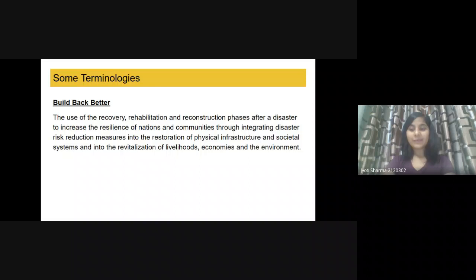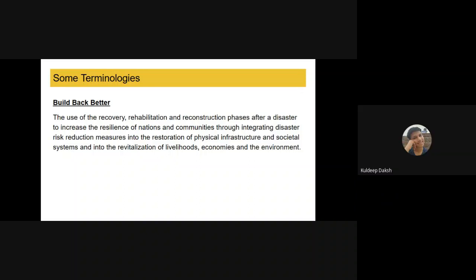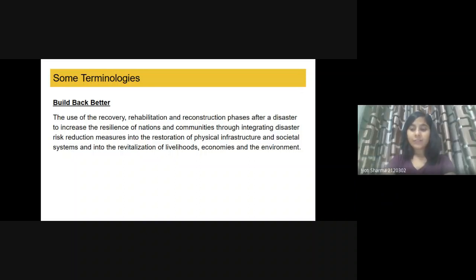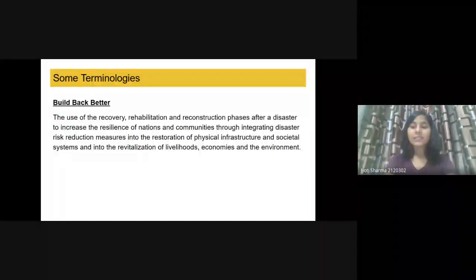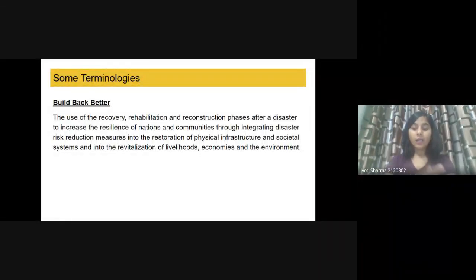Yes, exactly. If there was an earthquake and your building was destroyed, but you know that your building should be such that an earthquake doesn't affect it, then the material and structure you use will be very different from the previous one, so that next time if an earthquake occurs, it will not affect your building.